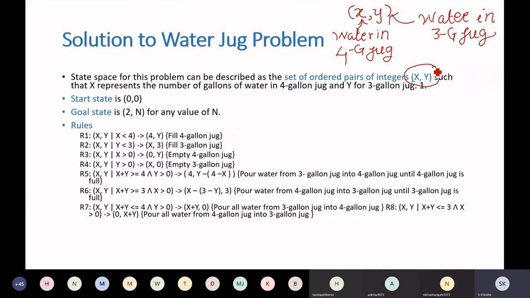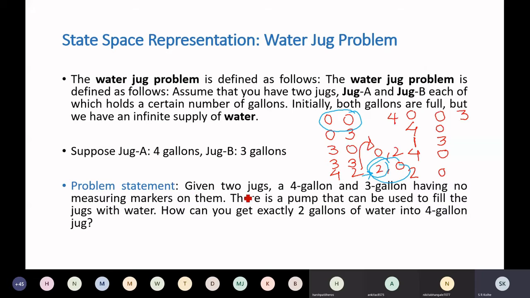Now second step is in state space representation, you will have to define one or more states as a start state. So again you will have to go back to the problem statement. What problem statement says? Both jugs are full, but we have infinite supply of water.